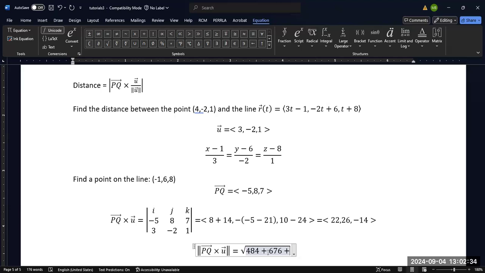And 14 squared is 196. And if I add those up, I get 1356.